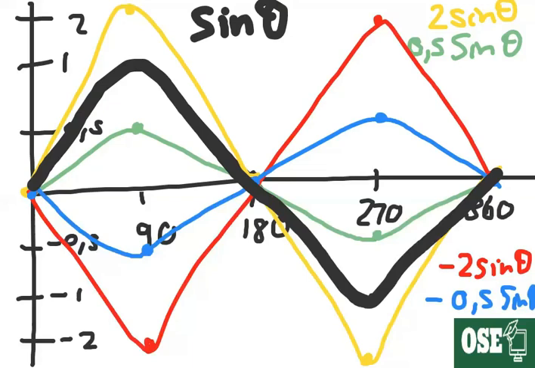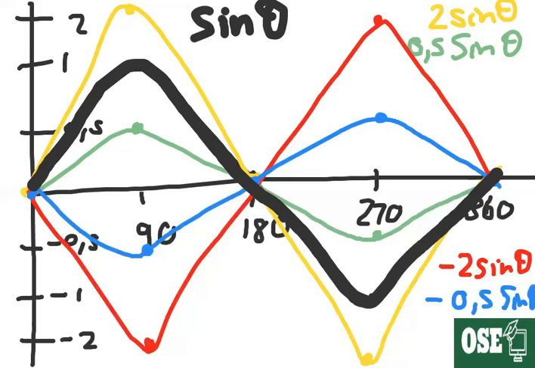What I'm trying to show you is that according to the rules, when A, which is the coefficient of sine, or the first number that appears before sine, is positive and greater than 1, you will see your amplitude increase. And remember, the amplitude is the space between the x-axis and the highest point in the graph.